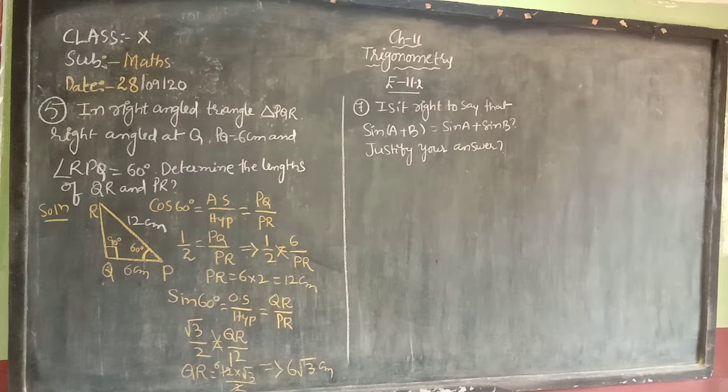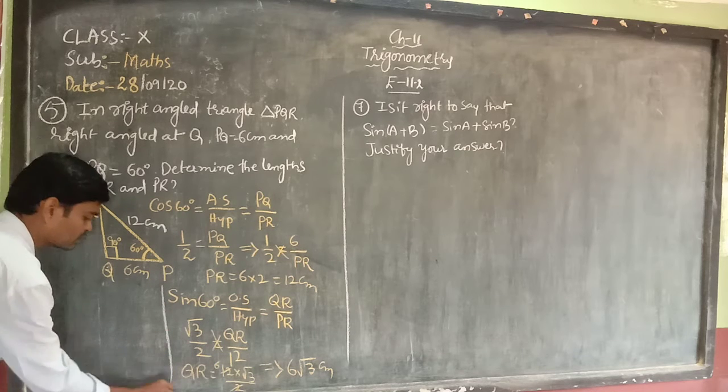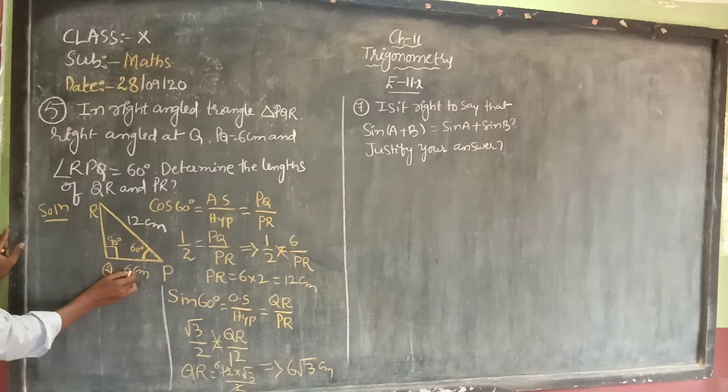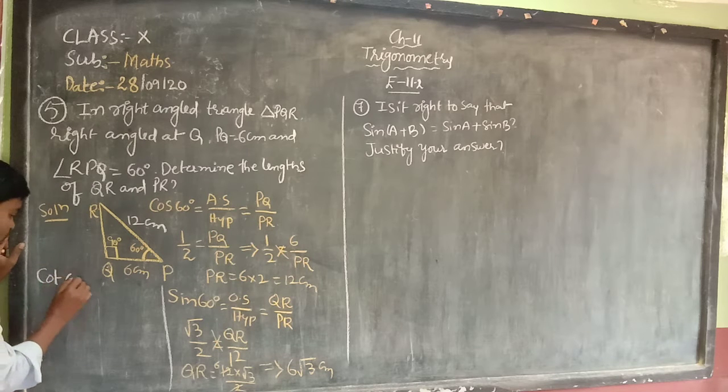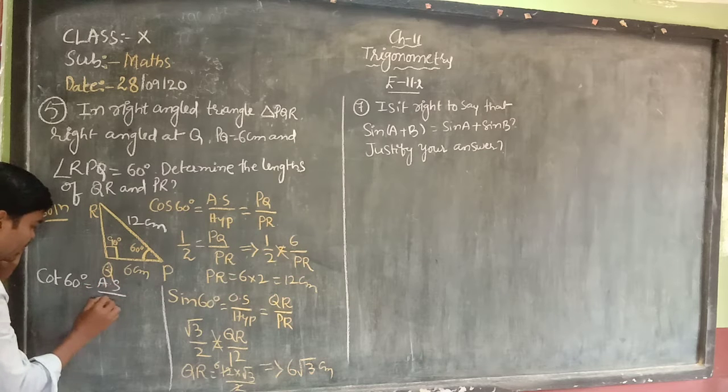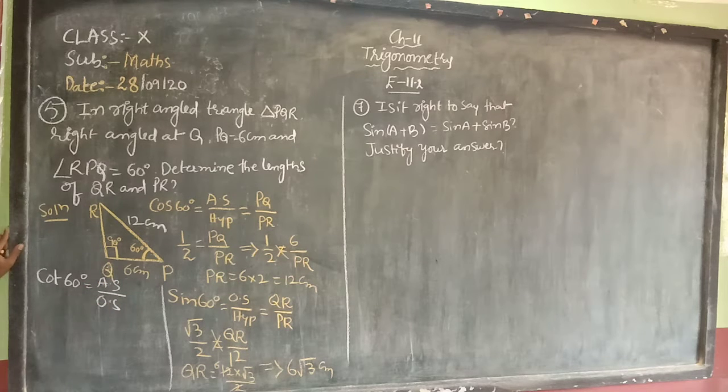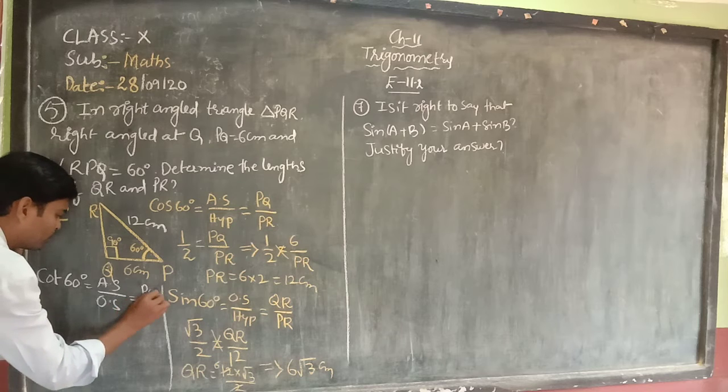6 root 3 centimeters. Now you see, instead of this, we can take the relation between the adjacent side and the opposite side, which is cot 60. Cot 60 is adjacent side by opposite side. What is the adjacent side here? PQ.